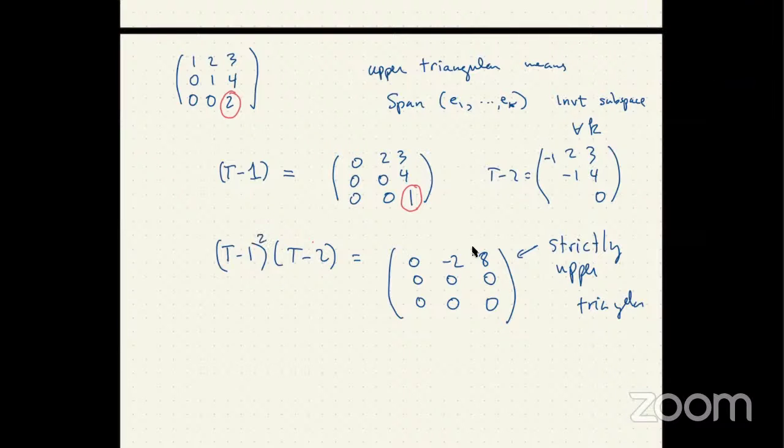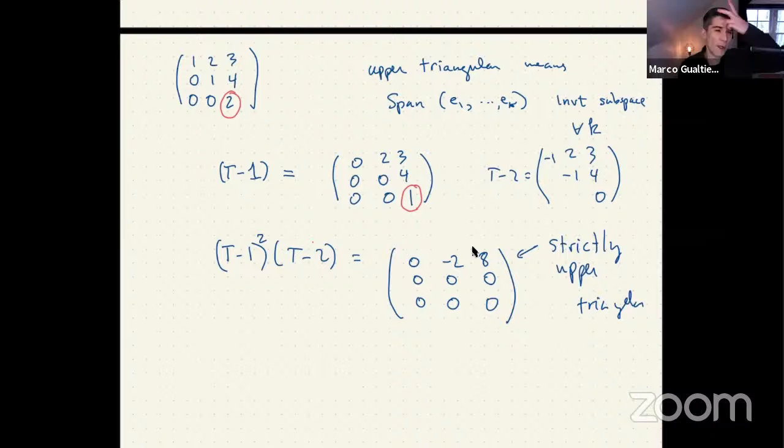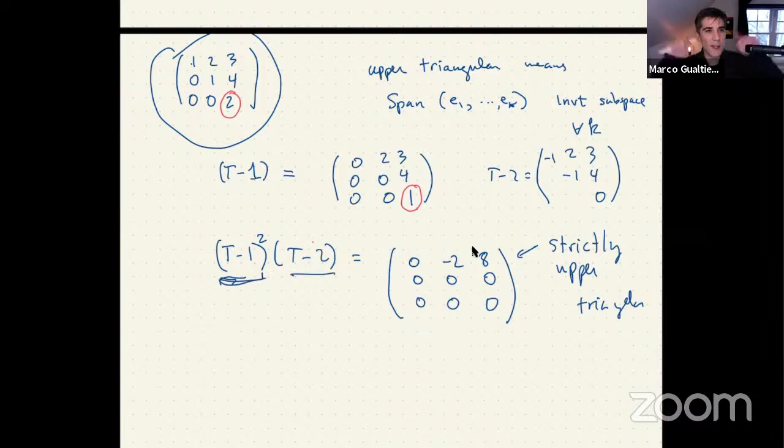So the idea is that an algorithm for finding the minimal polynomial is: put it into upper triangular form, look at the eigenvalues here, and produce t minus 1, t minus 2, and then increase the power of each one separately to see how many powers of each factor I need in order to kill the operator. And that will give you the minimal polynomial.